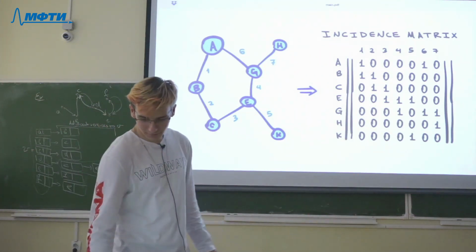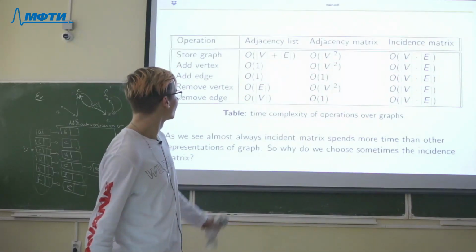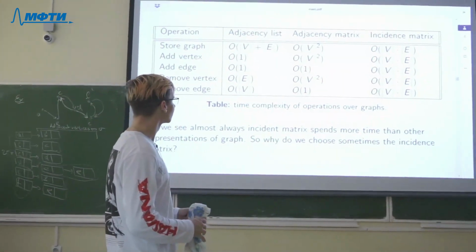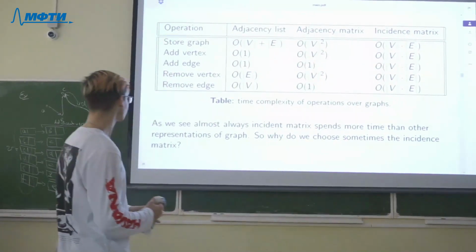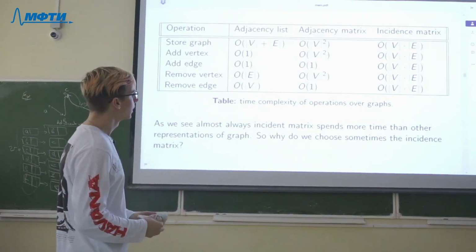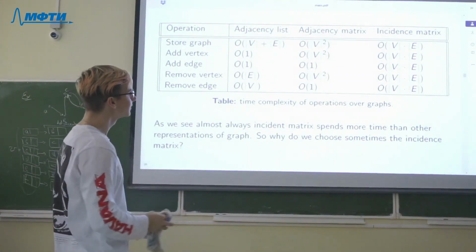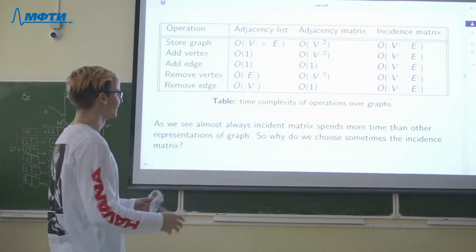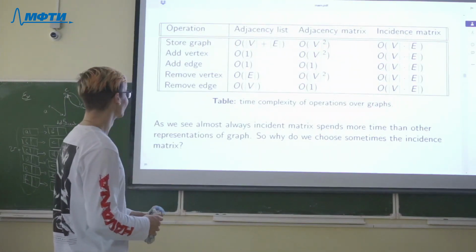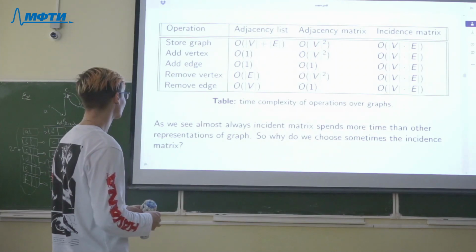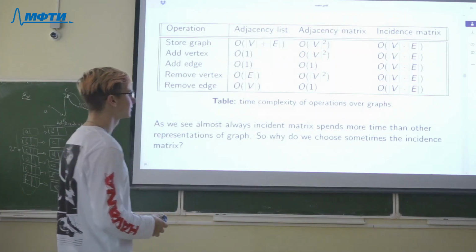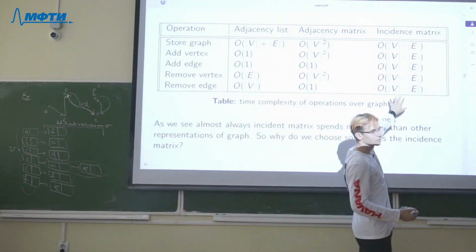As we can see on the next slide, we see the time complexity that we need to spend on operations on graphs, and we can see the incidence matrix has a lot of difficulties with it, because in the worst case, what is the upper bound of the operation?